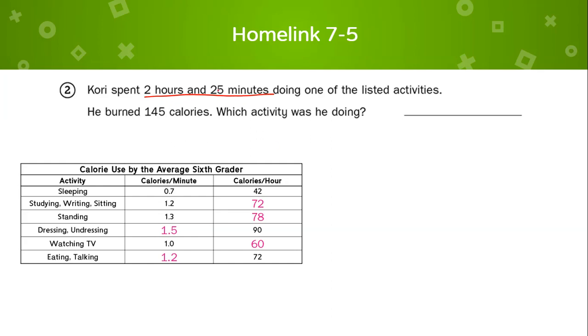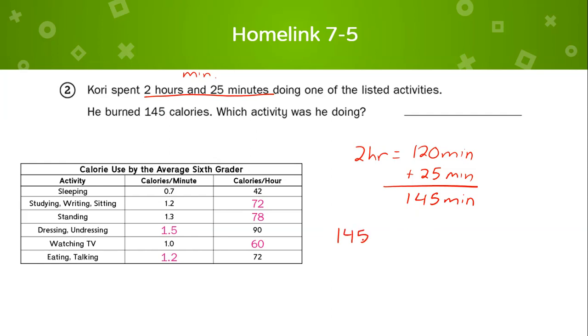I'm going to convert this into 1 unit. So in this case, I'm going to change this just to minutes. So 2 hours equals 120 minutes plus the 25 minutes extra gives us a total of 145 minutes. So they worked for 145 minutes and he burned 145 calories.